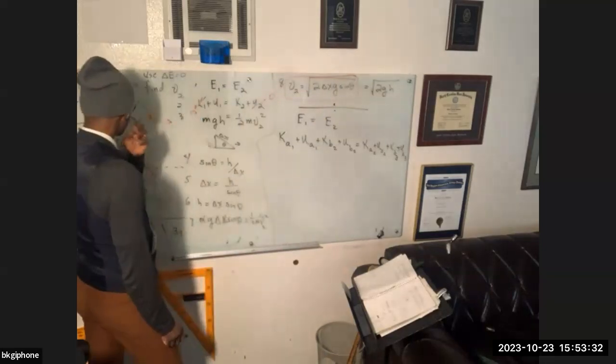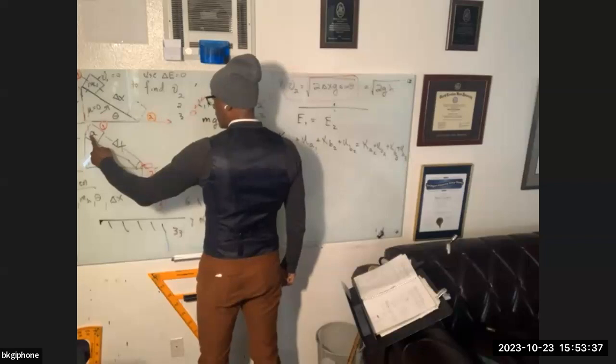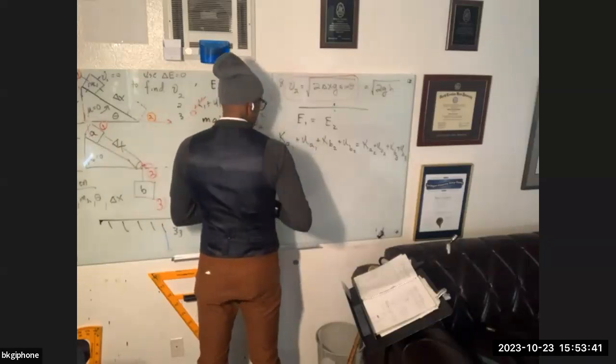Now let's do the zeros. Kinetic energy here for block A, and at position 2 for block B, are 0.